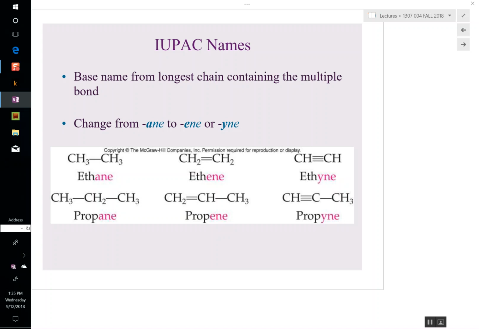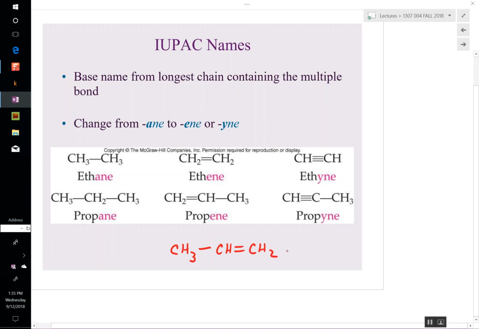You should scratch through chapter 11 a bit and start looking at various things. Ethane, ethene, ethyne, propane, propene, propyne, and you see there's no numbers in there. Let's do this one. Let's do a CH3, CH2, CH2.